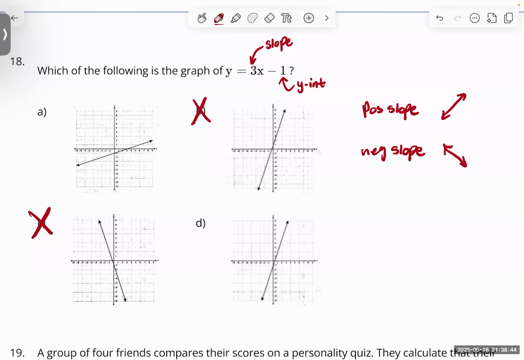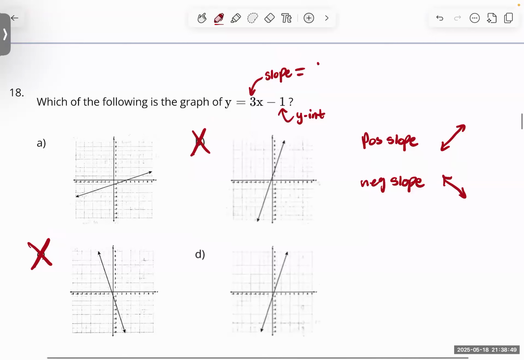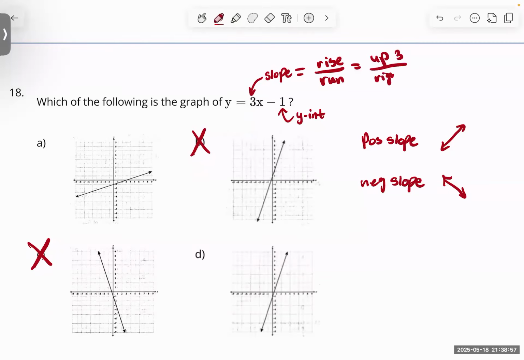So how do we figure that out? Well, another thing about slope is that slope equals rise over run, meaning we go up 3 units and to the right 1 unit, because 3 is equal to 3 over 1.